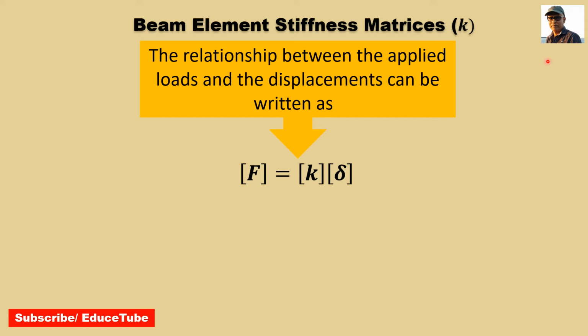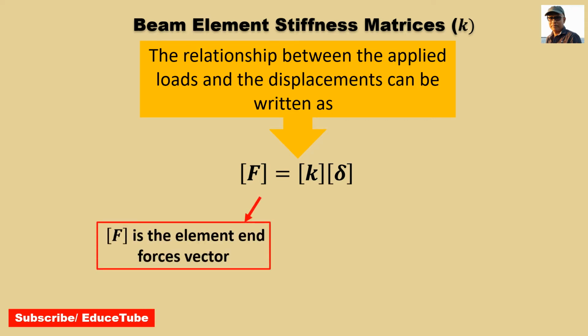and it can be expressed as, we can see it here, force vector, displacement vector, and the stiffness matrix. So let's see.